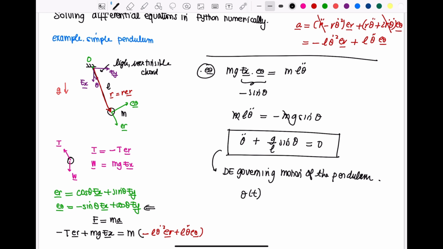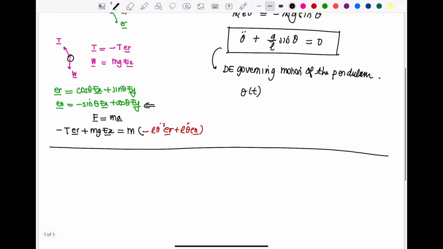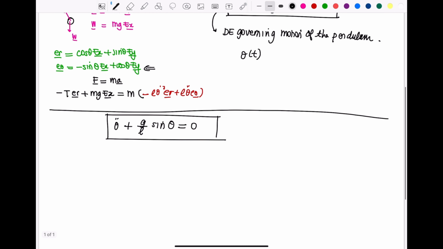Okay, so now that we've gotten the differential equation, the next step is we want to input it into a numerical solver. Again, the equation is theta double dot plus g over L sine theta is equal to 0. Usually the numerical solver we're going to use is the Runge-Kutta numerical method to solve the ODE.